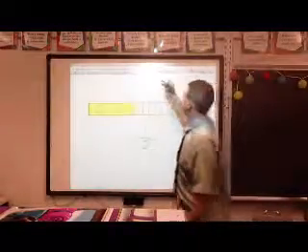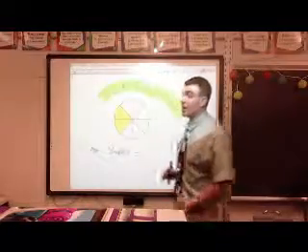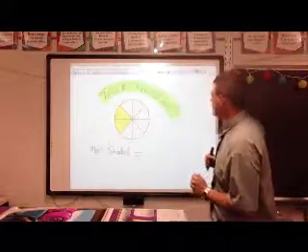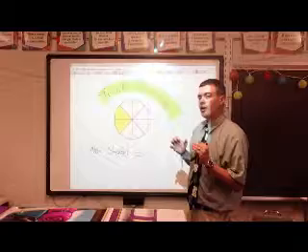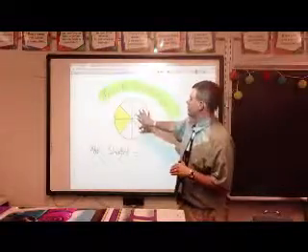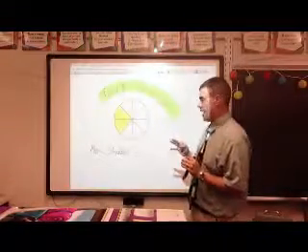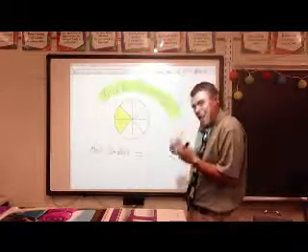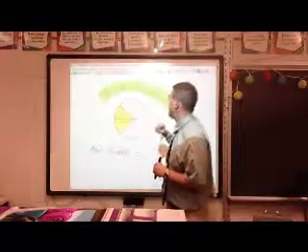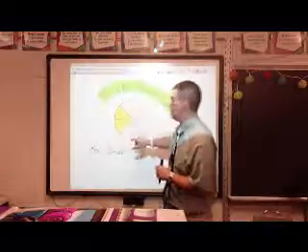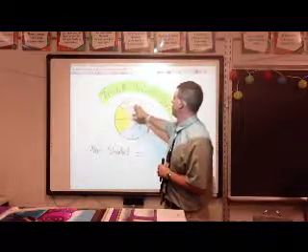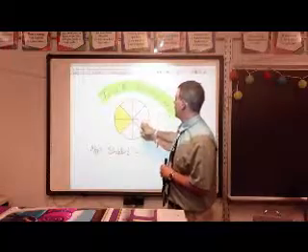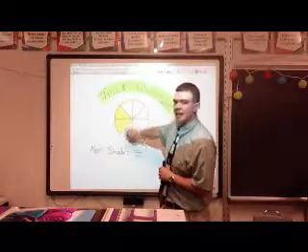One more. Careful, this is a trick question. I want to know what fraction of this circle is not shaded. I do the same thing. Let me get my denominator first. Let's count up the parts that make up this whole circle. 1, 2, 3, 4, 5, 6, 7, 8.